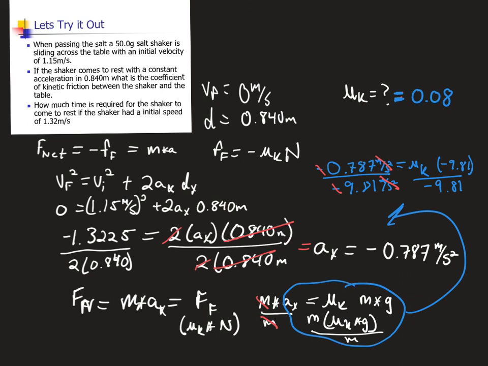The second part is what happens if my initial velocity is 1.32 meters per second, and the acceleration is still the acceleration that I found previously. That's why I didn't want to get rid of that.